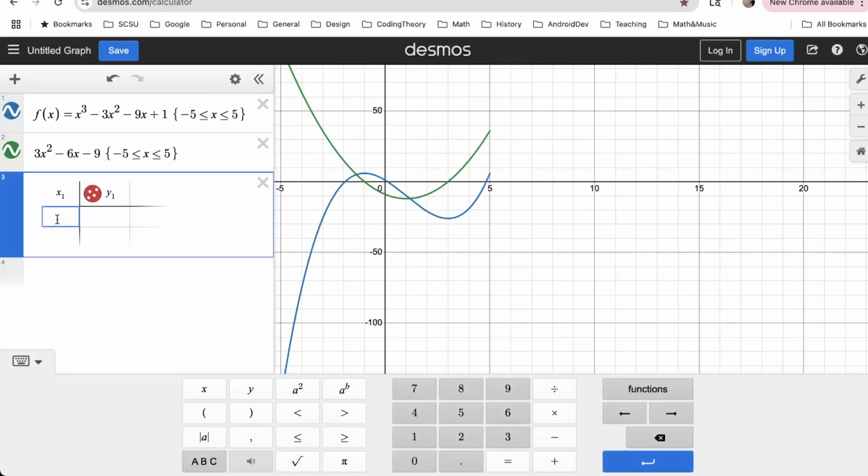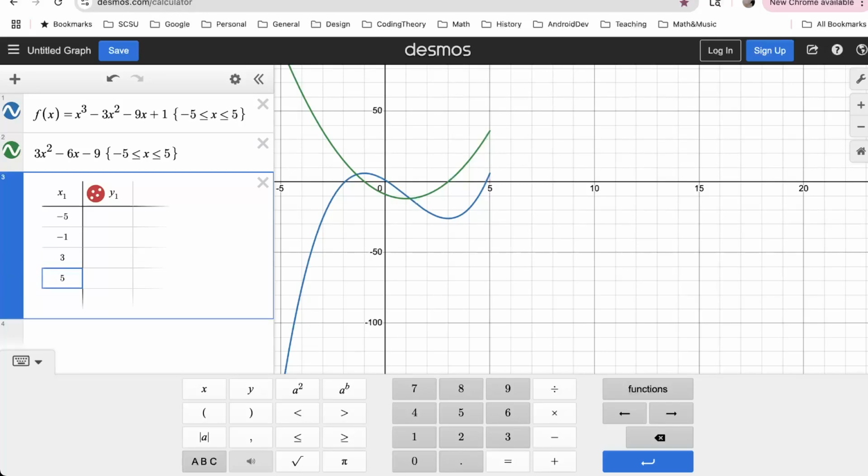The x coordinates where I want to look at things are minus 5, one of the endpoints of our interval, and then negative 1, that's one of our critical numbers, then 3, and finally plus 5. So we've got our 2 critical numbers, minus 1 and 3, and our endpoints of the interval at minus 5 and 5. And what we want to do is make the second part of this table just be evaluate the function at the numbers that I just gave there.